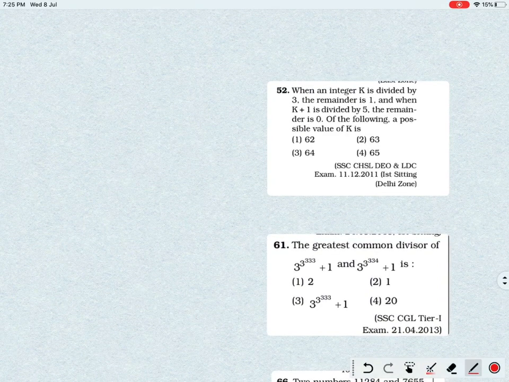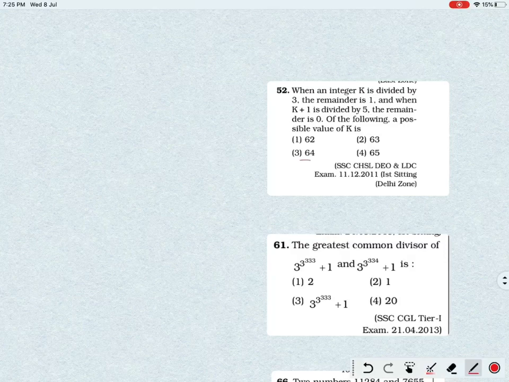Moving forward, when an integer k is divided by 3 the remainder is 1, and when k plus 1 is divided by 5 the remainder is 0. So k plus 1 is divided by 5, the remainder is 0.